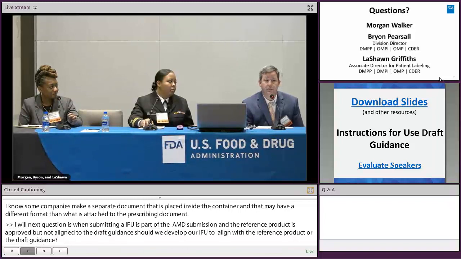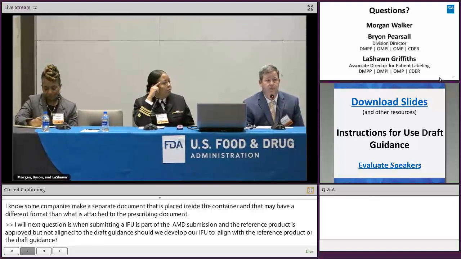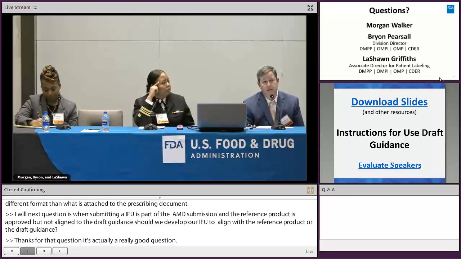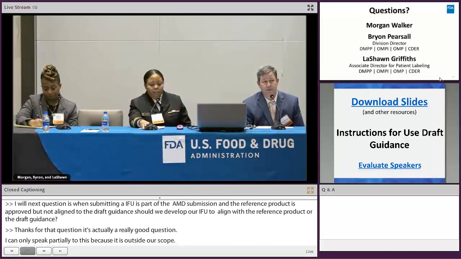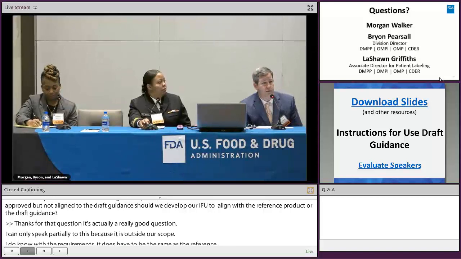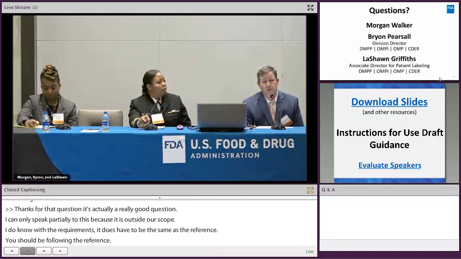I can only speak partially to this because this is outside our scope, but I do know that the requirements for an ANDA will require that it does have to be the same as the reference listed product, so you should be following the reference listed product. Additional questions or clarification should be directed towards the Office of Generic Drugs concerning ANDAs.